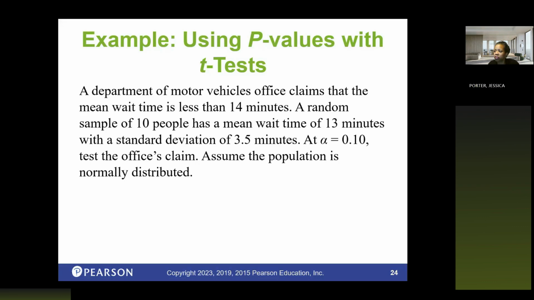Right. A Department of Motor Vehicles office claims that the mean wait time is less than 14 minutes. We got a random sample of 10 people, got a mean wait time of 13 minutes, standard deviation of 3.5, and we're testing at alpha equals 0.10. So which one is my claim?